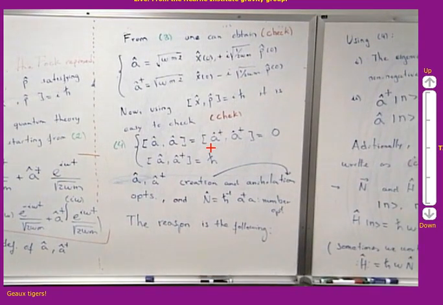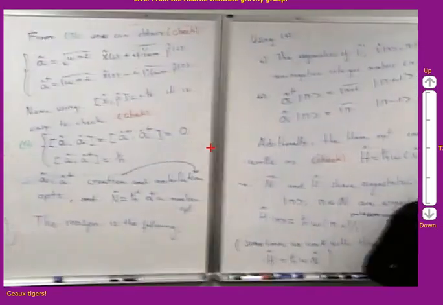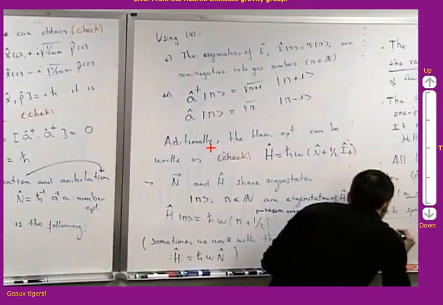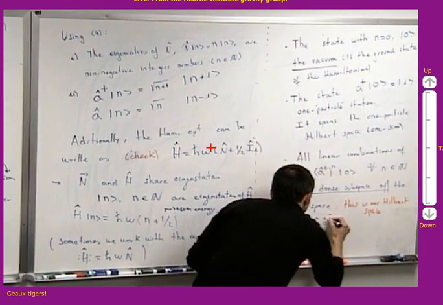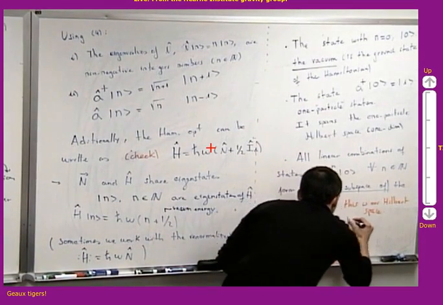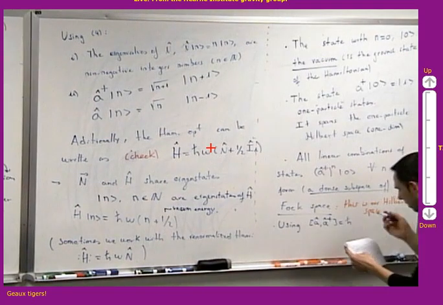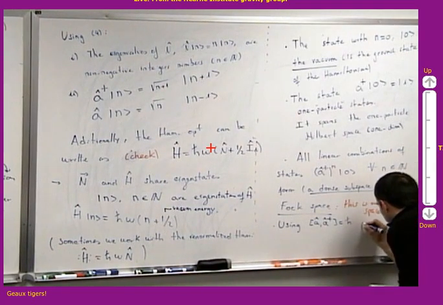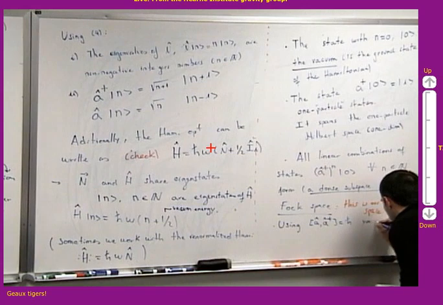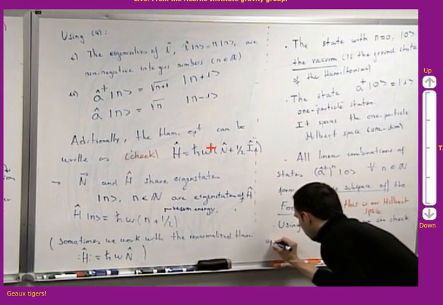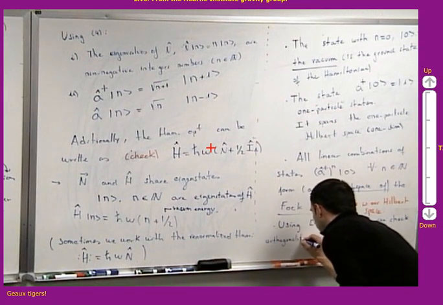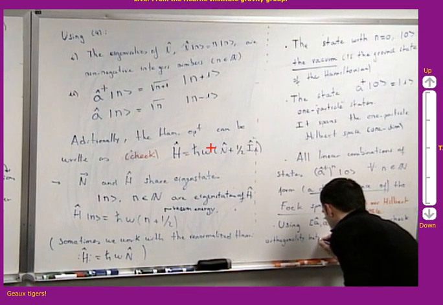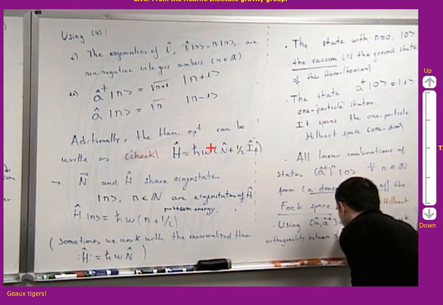So just one more thing I wanted to say here is that using these commutation relations, you can check, and this is also an exercise, orthonormality or orthogonality between states.